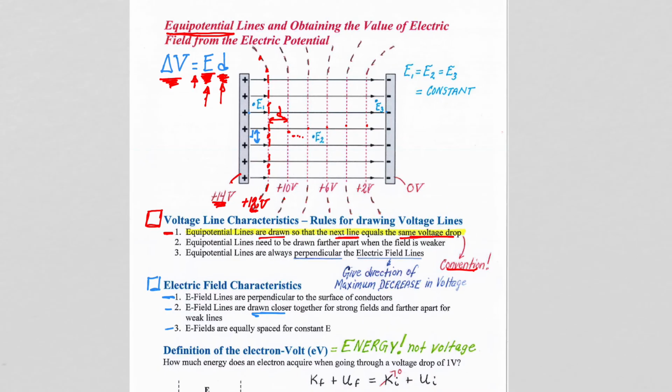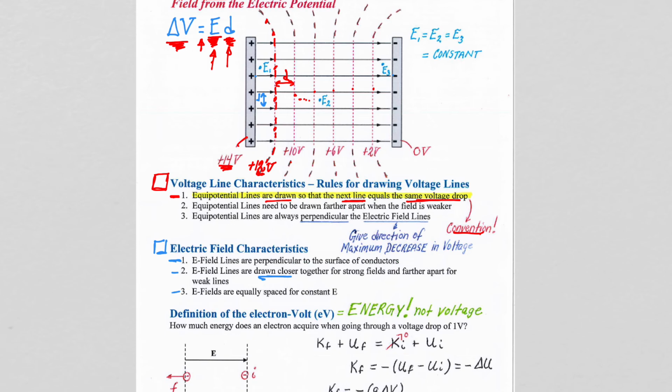Now, I do have down here, number 3, that these voltage lines are always perpendicular to the electric field lines, and we'll see mathematically why that is true on our next page of notes. But that is because the electric field lines will always give the direction of maximum decrease in voltage. So again, we'll see the mathematical reasoning behind that on our next page of notes.